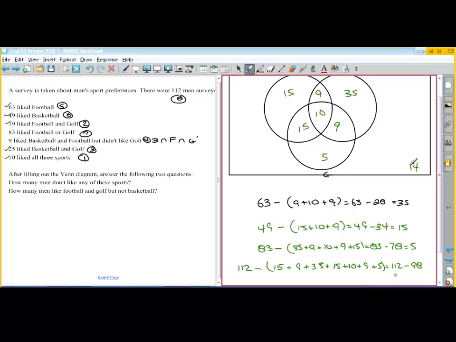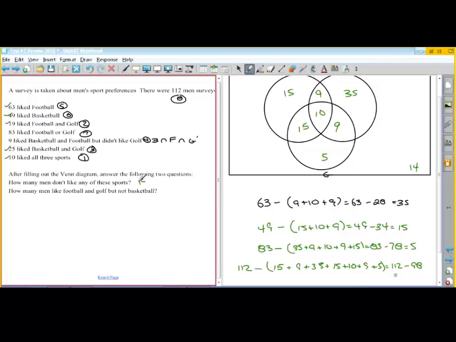I know it's strange that that would happen, but so once you got that filled out, you got the first part. Then it says, after filling the Venn diagram out, answer the following 2 questions. How many men don't like any of the sports? Well, that's 14. Let's put that answer in. 14. How many men like football and golf but not basketball?